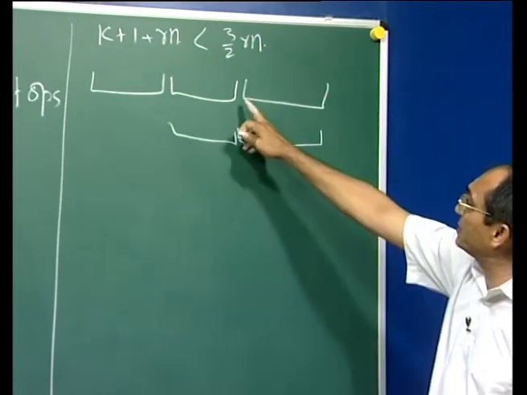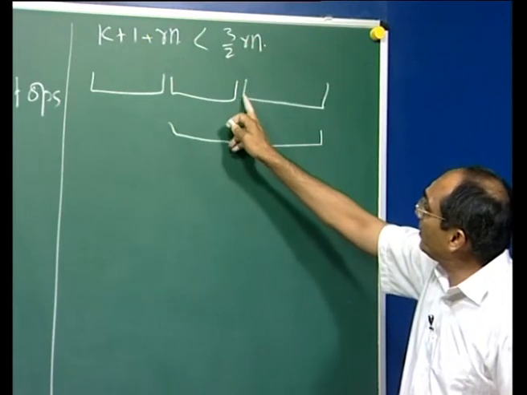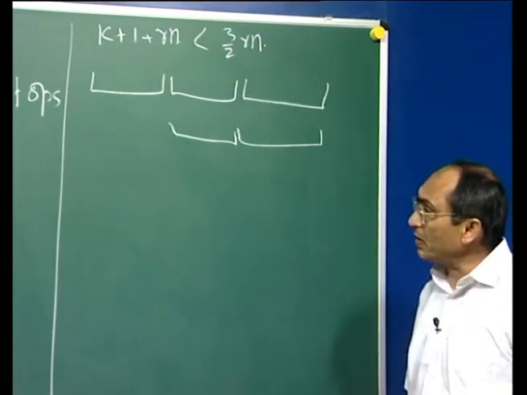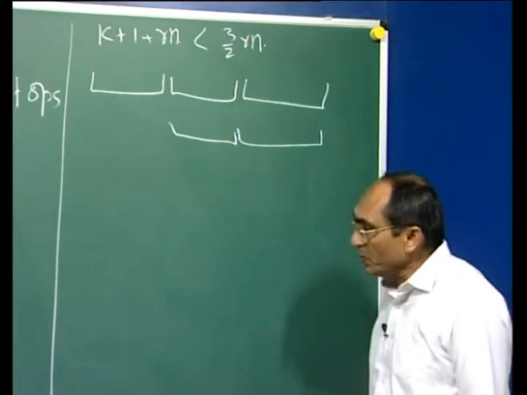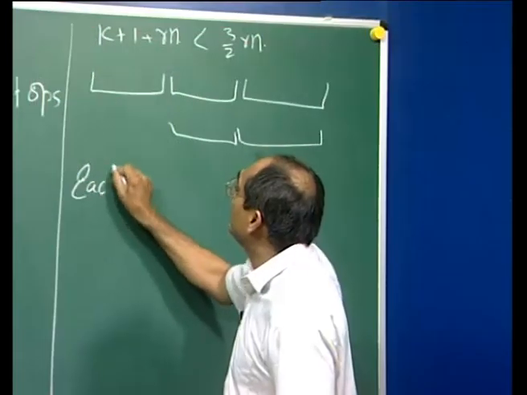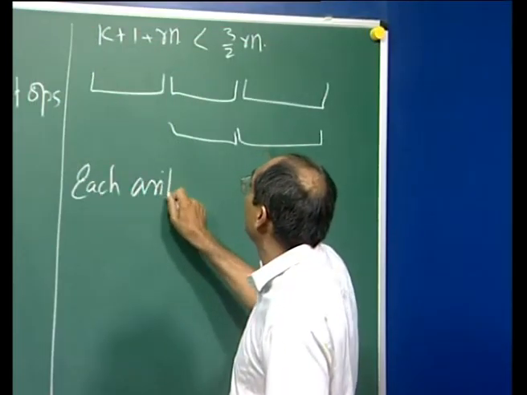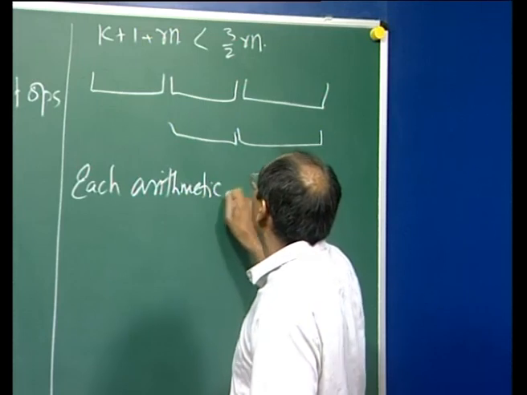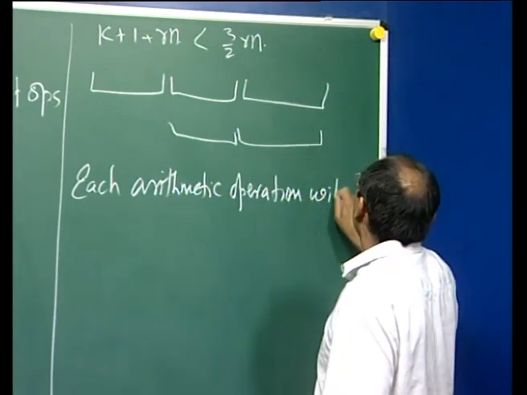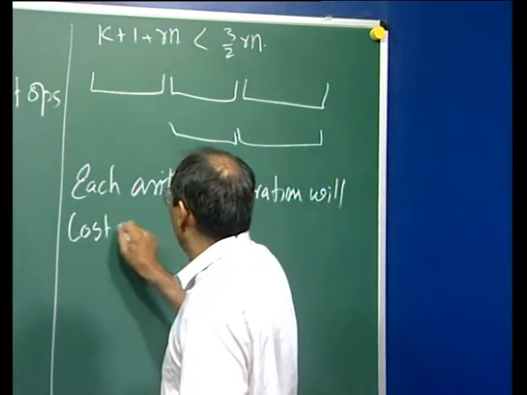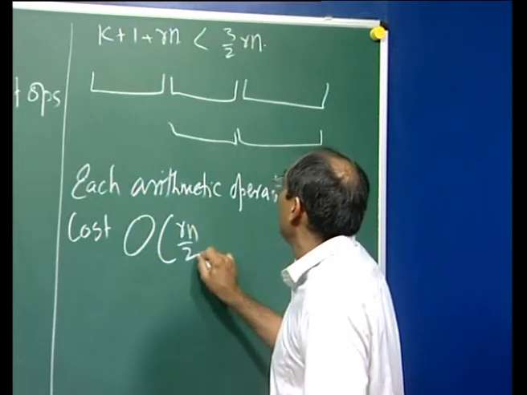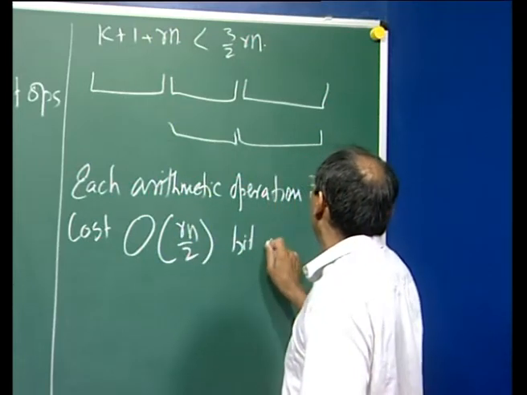Hence, we have at most 1, 2 and 3 additional operations of summation of these bits. So, in the end, each arithmetic operation will cost order Rn by 2 bit operations.